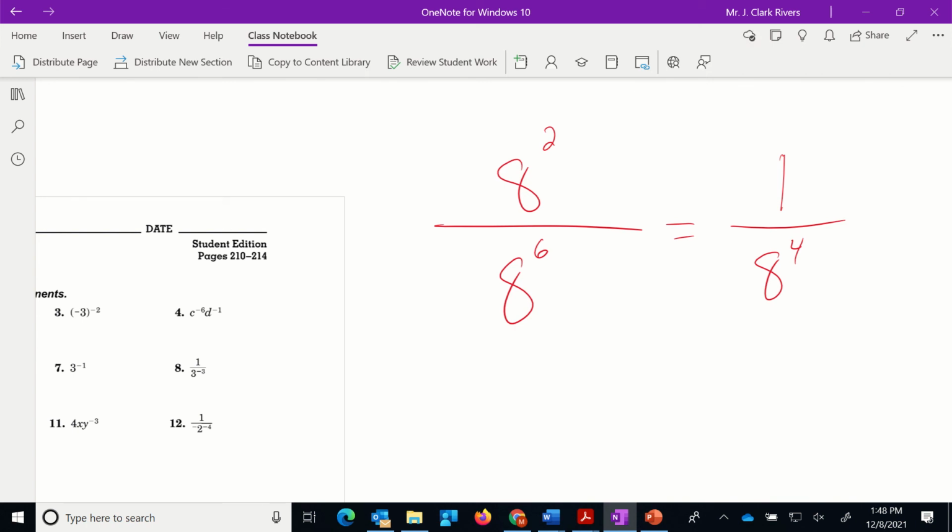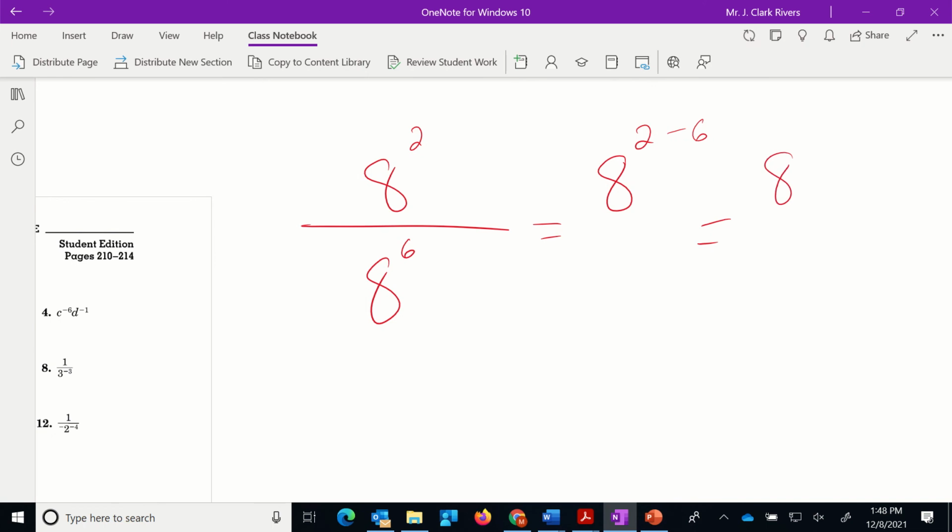Now, instead of subtracting 6 minus 2 and dropping it down to the denominator, let's instead do 2 minus 6. So in the numerator, 8 to the power of 2 minus 6. What does that equal? 8 to the power of what, Taylor? Negative 4.